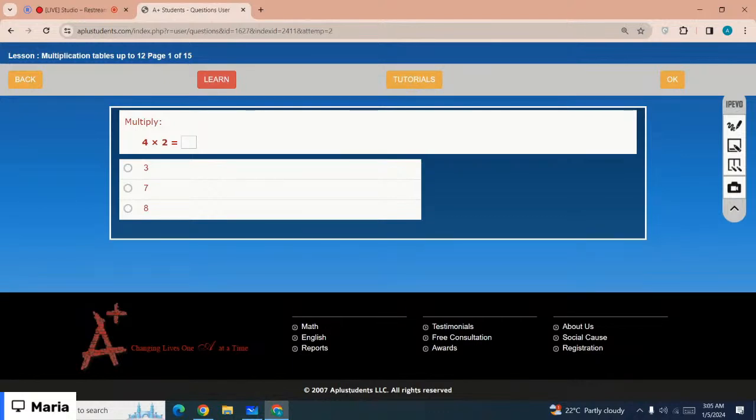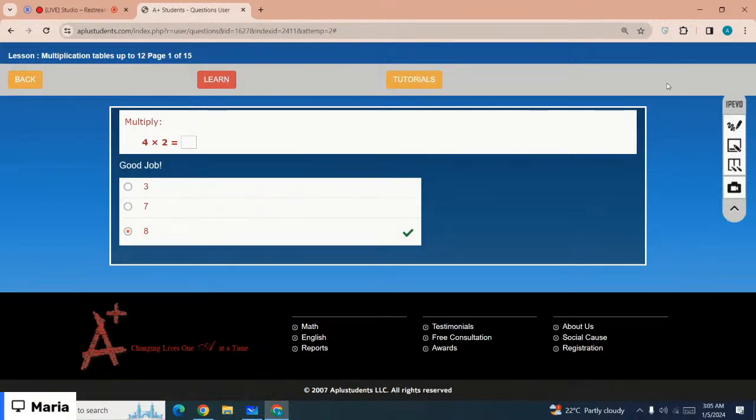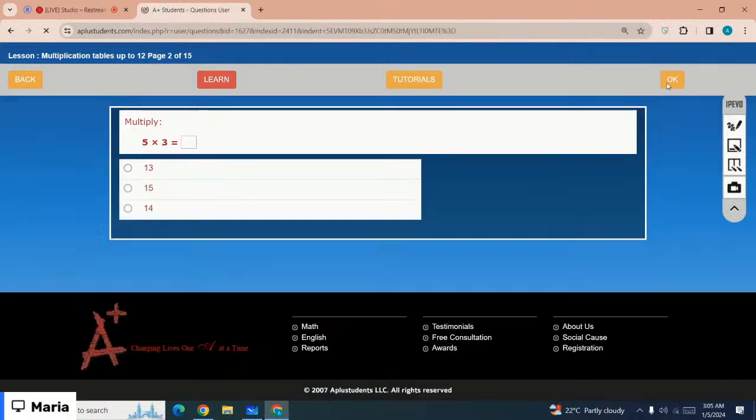So 2 times 4 is 8. The correct option is 8. You can count a table of 2 until 4 or table of 4 until 2.